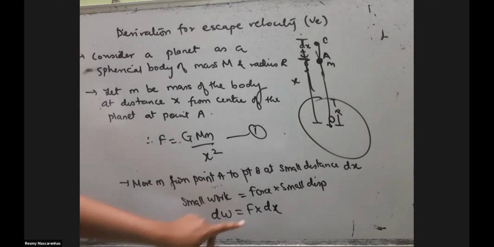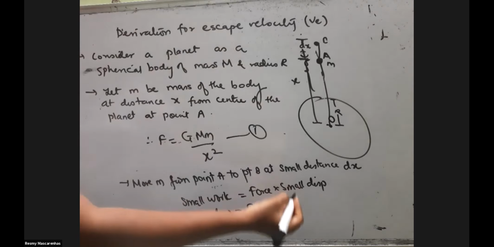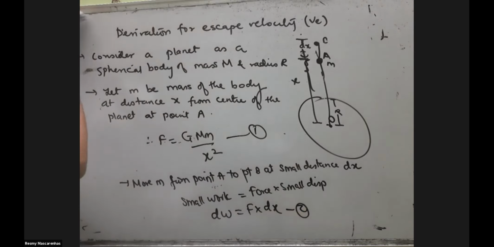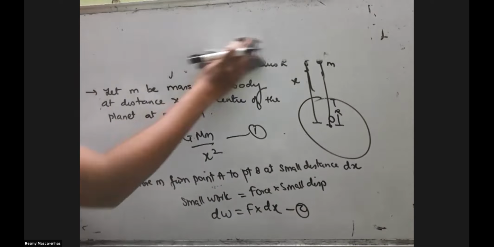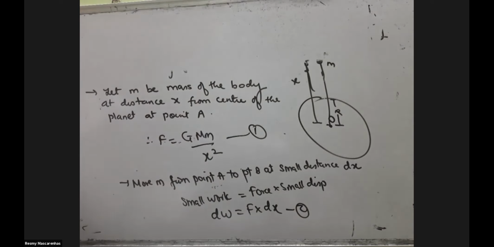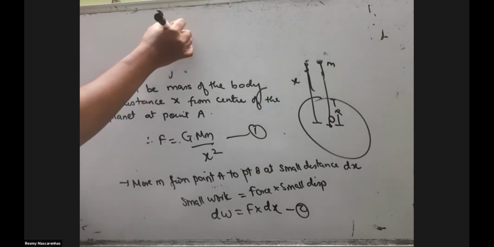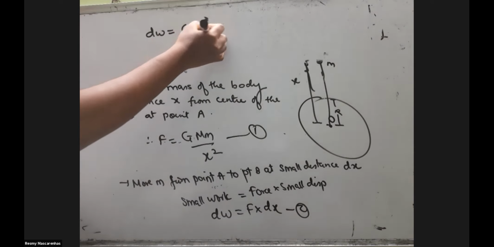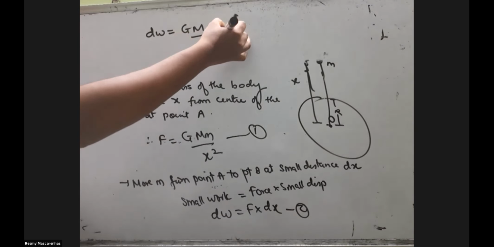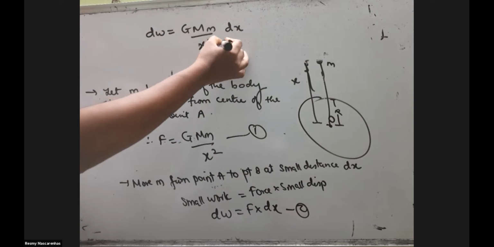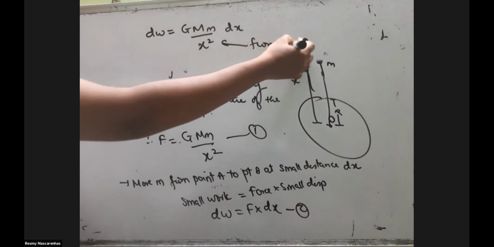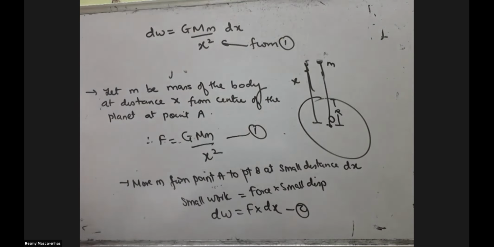Now put this value of F over here, where we got it from equation 1. The value of F we have substituted. Now this is the small work done.